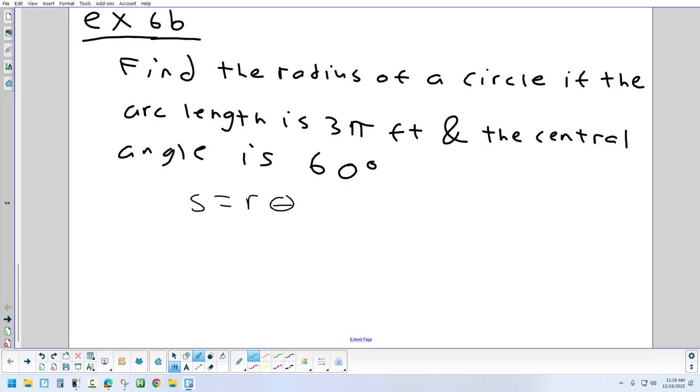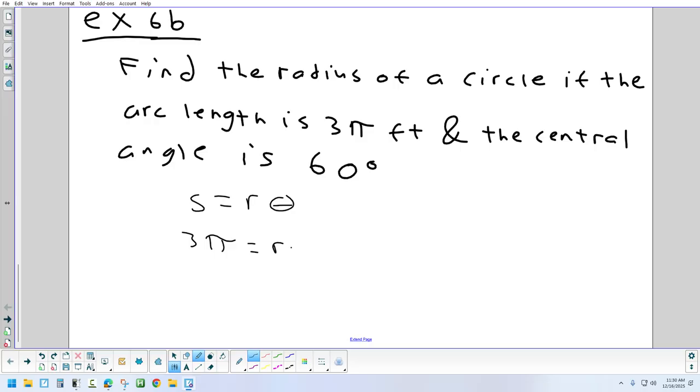And let's start filling in left to right, whatever they give us. Do we know S? Yeah, what's S? 3 pi. They tell us the arc length is 3 pi. Okay, do we know R? No, that's the whole question. Find the radius. Do we know theta?